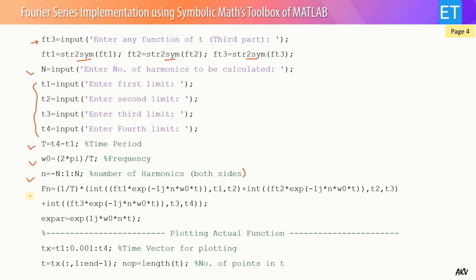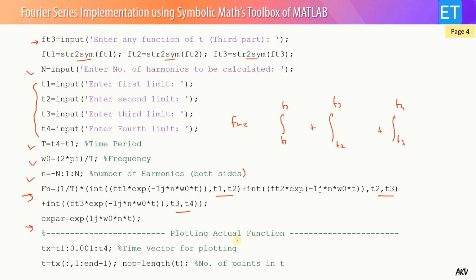Okay, and here you are getting your integration in three parts now. So integration from t1 to t2, and then integration from t2 to t3, and then integration from t3 to t4. So this is how your fn is calculated. You can see all these limits, three integrations, and then calculating exponentials.